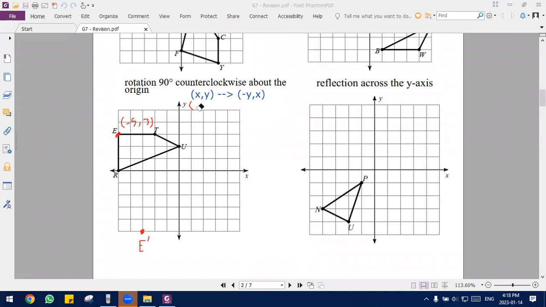Now the second one. The point T, for example, is (-2, 3). If I need to write it in the mapping notation, the -2 will be here, and the 3 will be -3.